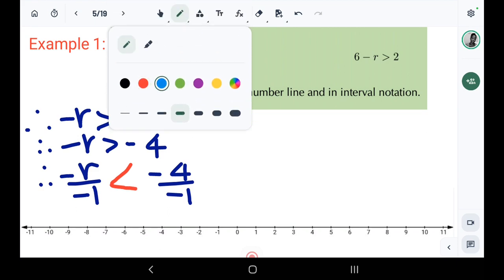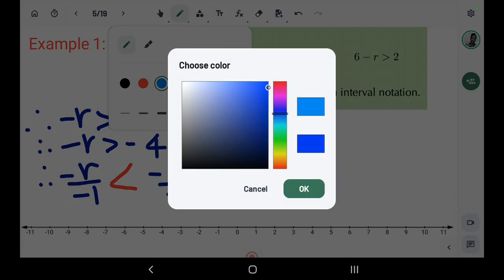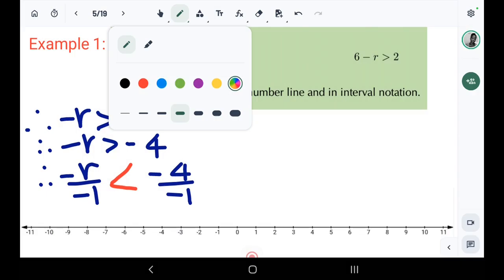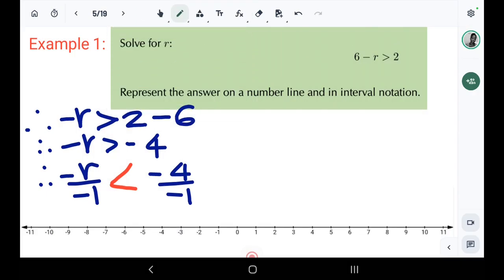Very important, don't miss that detail. So therefore, positive R is less than +4. Notice how dividing by a negative number has changed the whole interpretation of the same inequality we started with as a greater than. Very important. So now your R is all numbers less than +4.